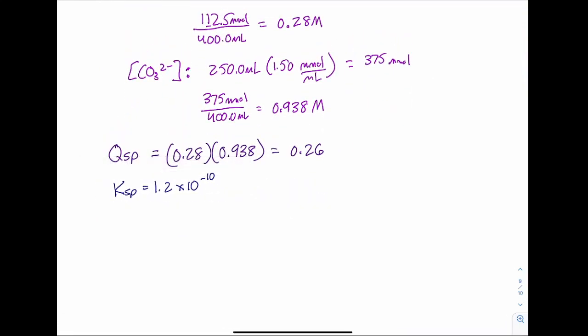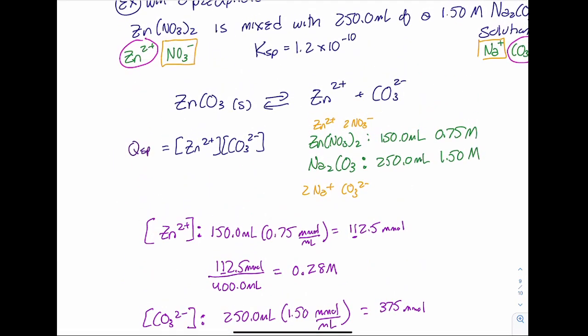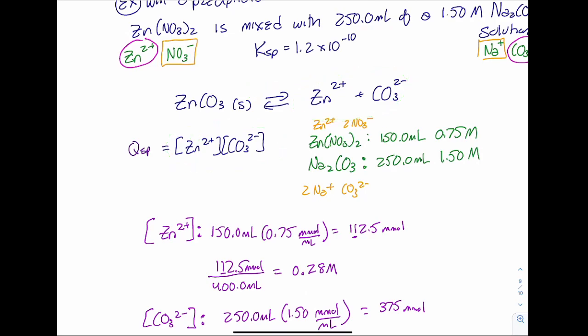Comparing these two, Q is much, much greater than Ksp, right? So this number is too big, which means, if we go back up to the equation, I have too much of this, right? So I'm going to shift towards reactants, so I will get a precipitate.